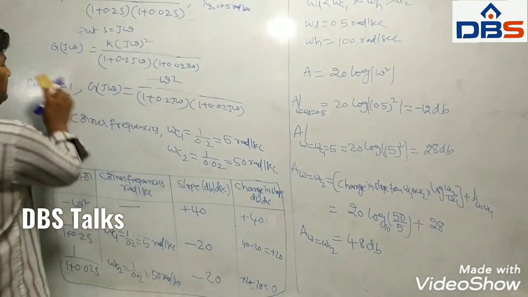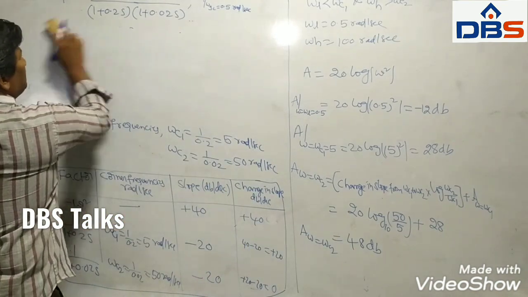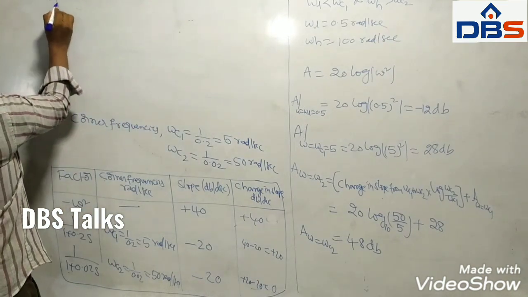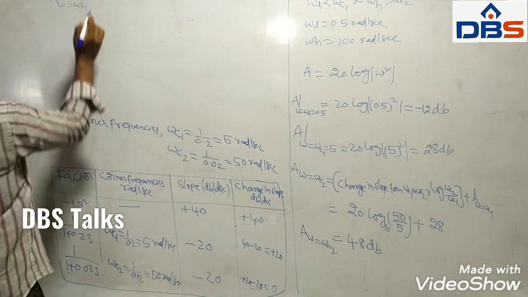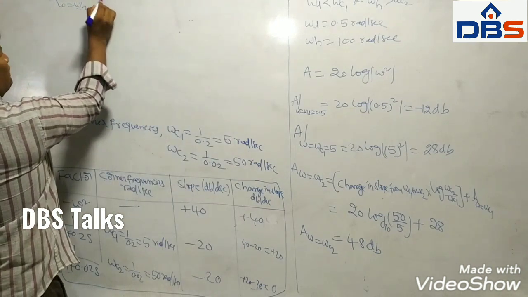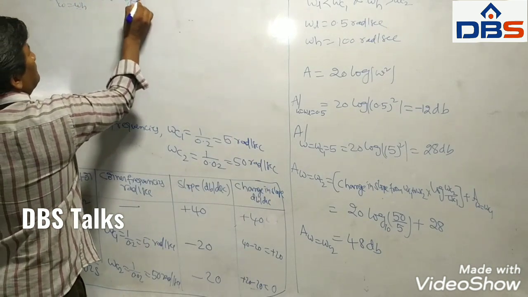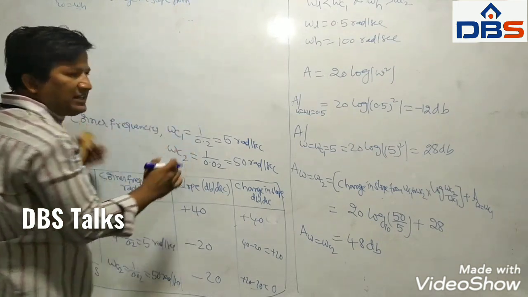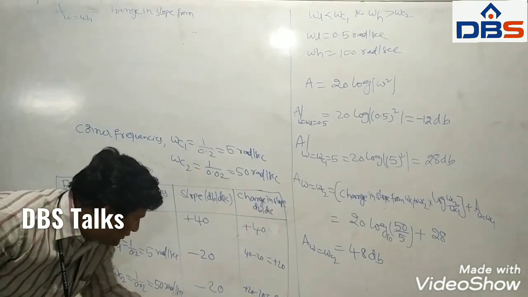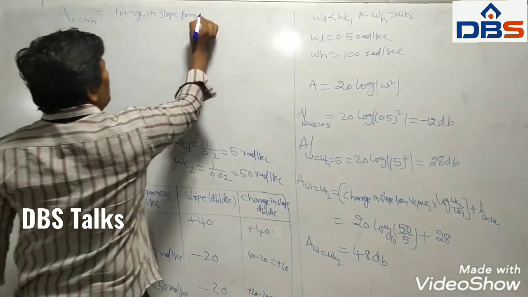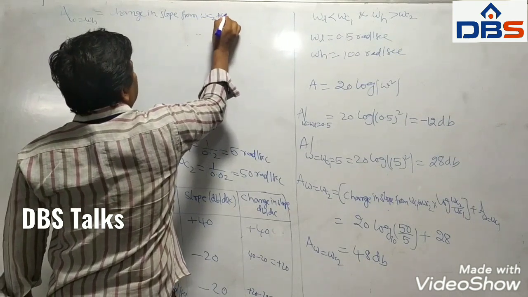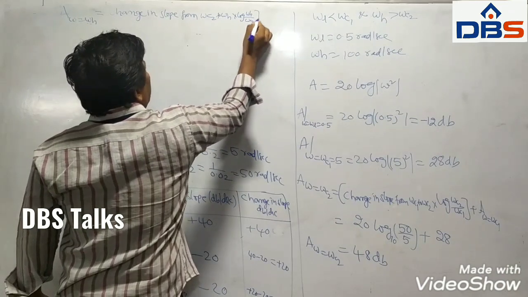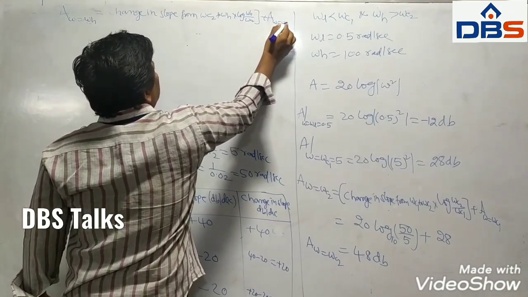Now calculate the gain at omega equal to omega h. This is also the same formula: change in slope from omega c2 to omega h, multiplied by log omega h by omega c2, plus gain at omega c2.